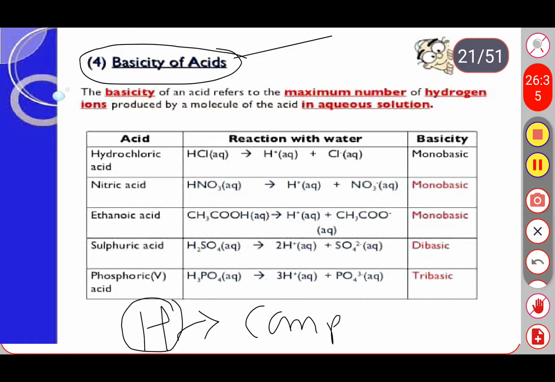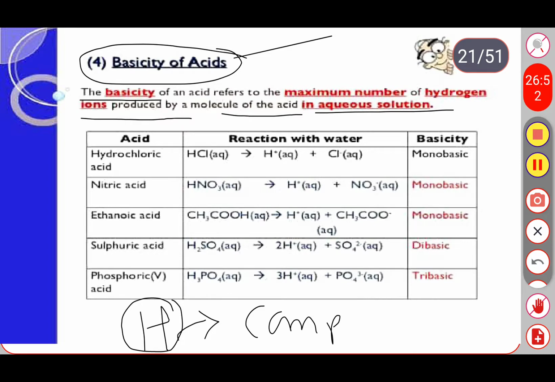The basicity of an acid refers to the maximum number of hydrogen ions produced by a molecule of the acid in aqueous solution. See here, some examples are given.